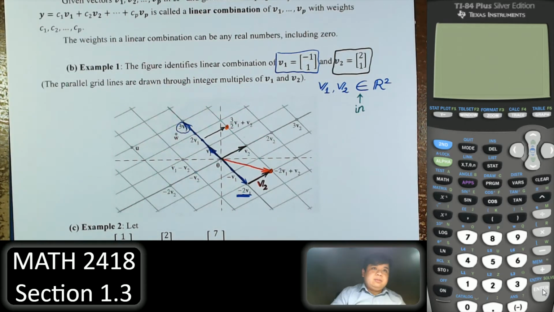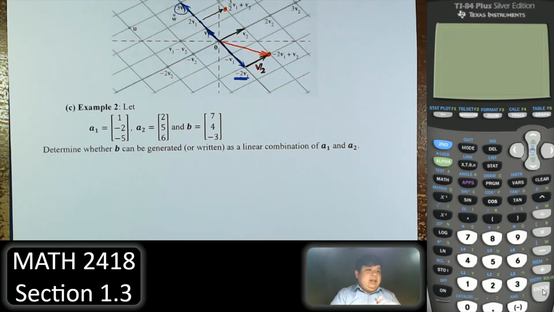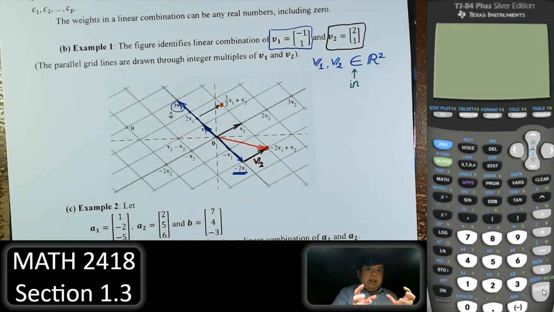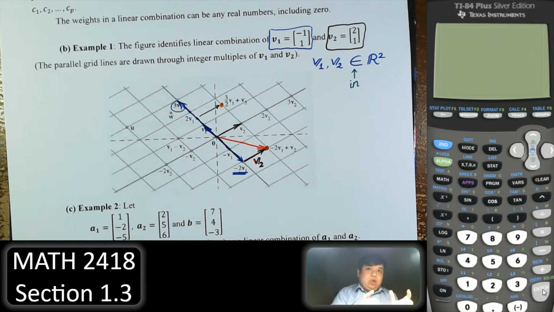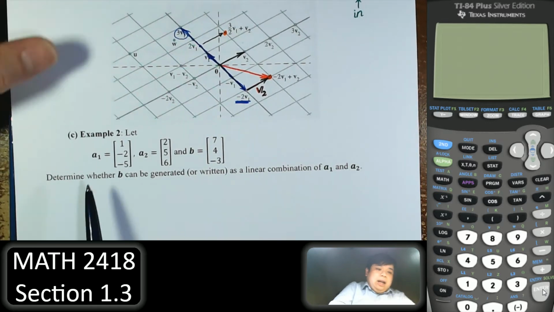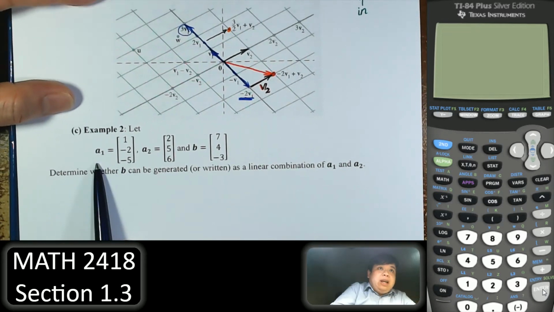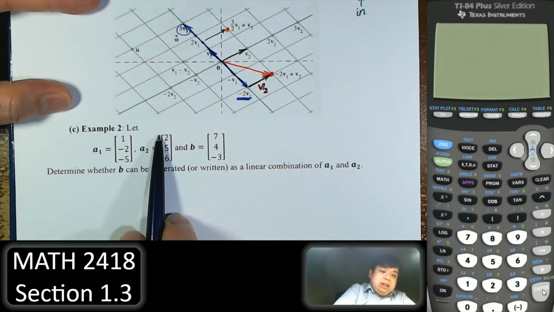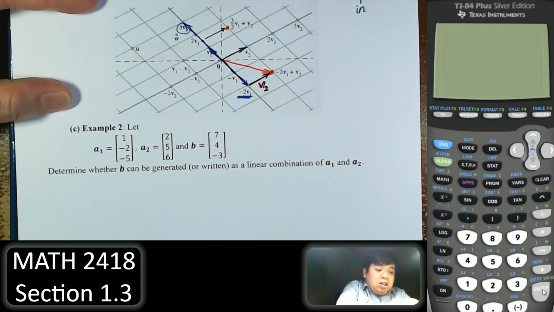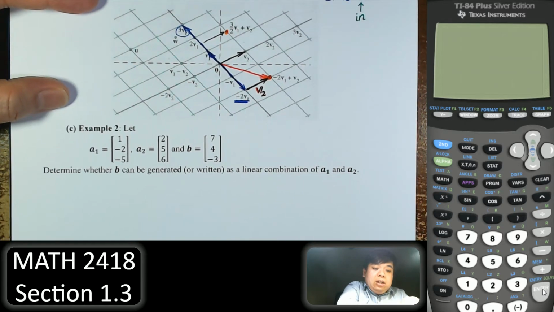Right. So the linear combination is just a combination of the vectors with different weights. The weight could be 0. Now, let vector a1 be this, a2 be that vector, and b. Determine whether b can be written as a linear combination of a1 and a2.